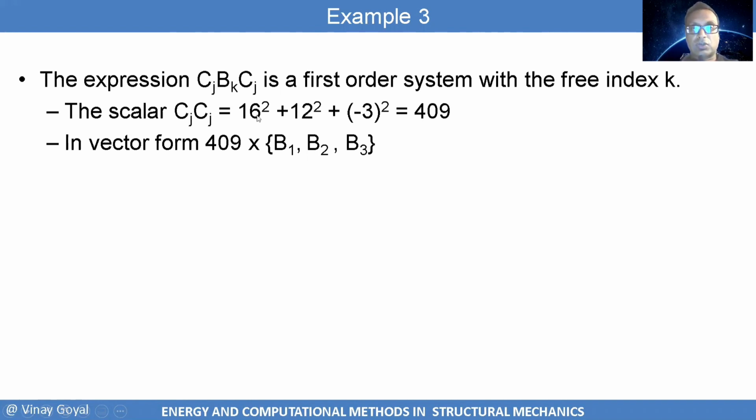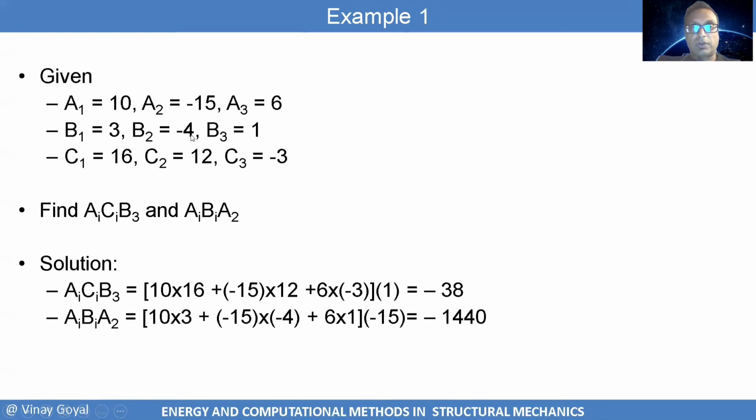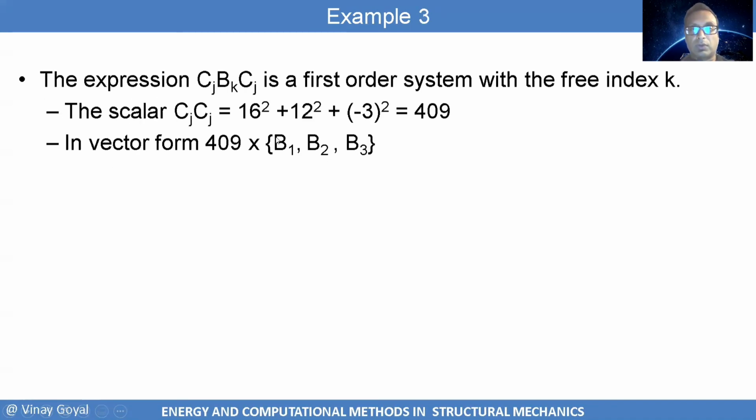So that's 16 squared plus 12 squared plus minus 3 squared, and that's 409. In vector form, that's 409 times, and now since k is a free index, I'll insert B1, B2, and B3, and this is a vector whose components are known here, 3, minus 4, 1. So I know this right here.